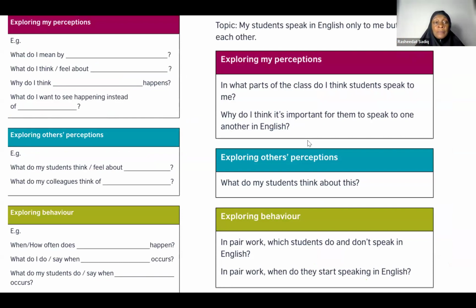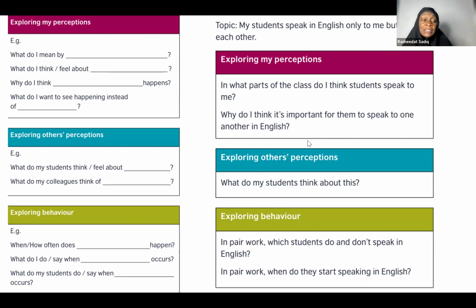So here we have an example that the teacher has a research topic, or the topic that is of concern or interest to her is that her students speak in English only to her, but not to each other. So I know that we have a lot of that in our classrooms. When they're speaking to the teachers, they will speak English, but once they want to speak to their friends, they turn to the local languages. And this is an issue, especially if it's happening inside the classroom.